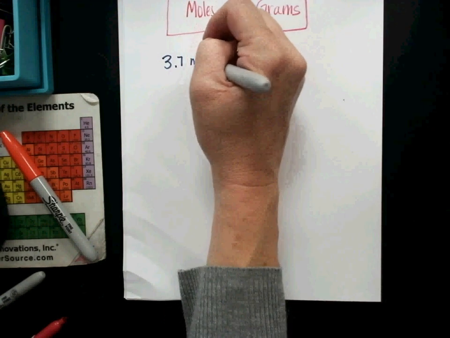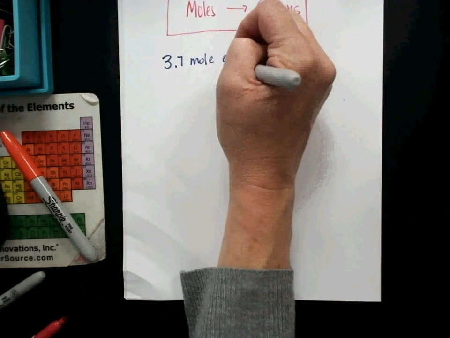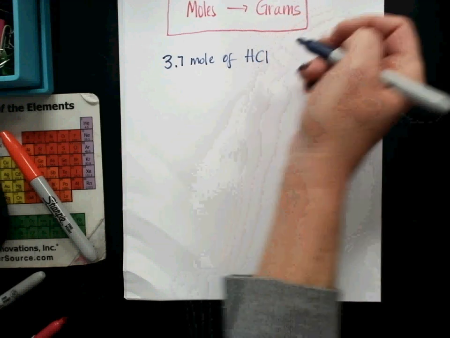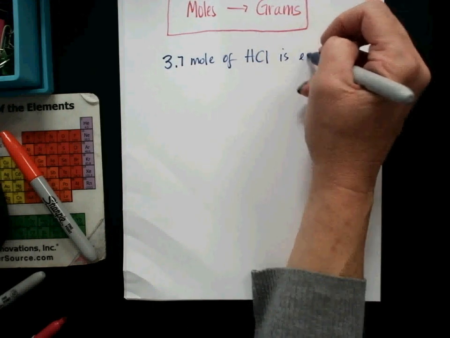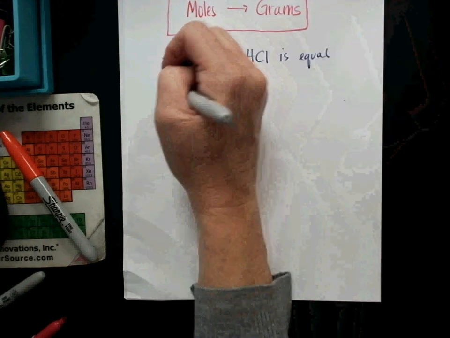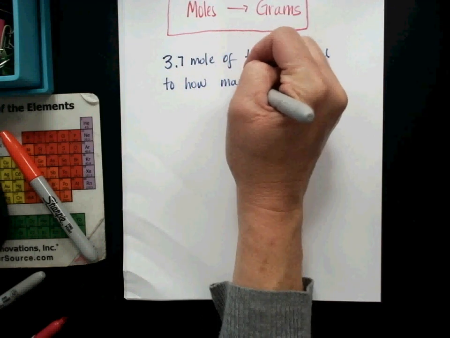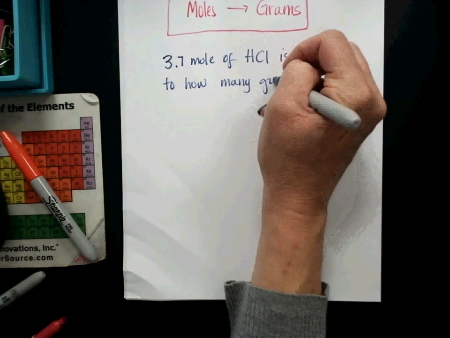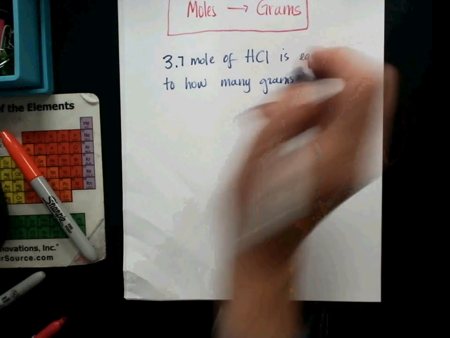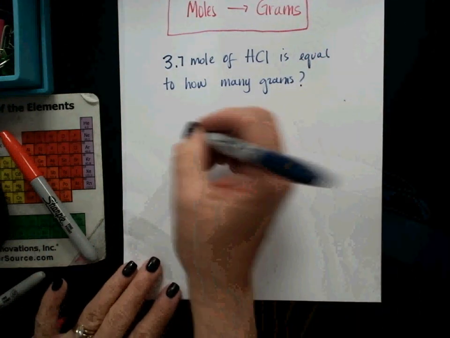So, let's look at one. Let's say 3.7 mole of hydrochloric acid is equal to how many grams?